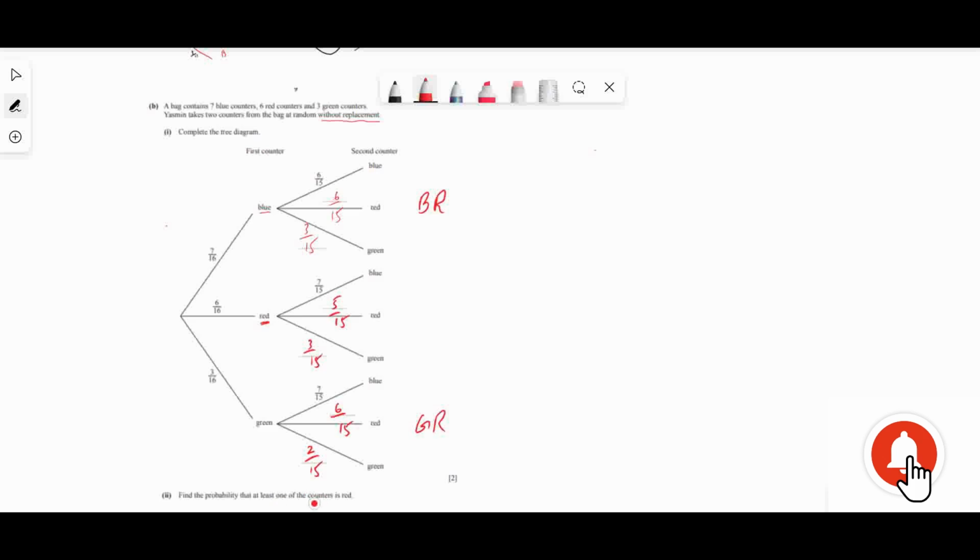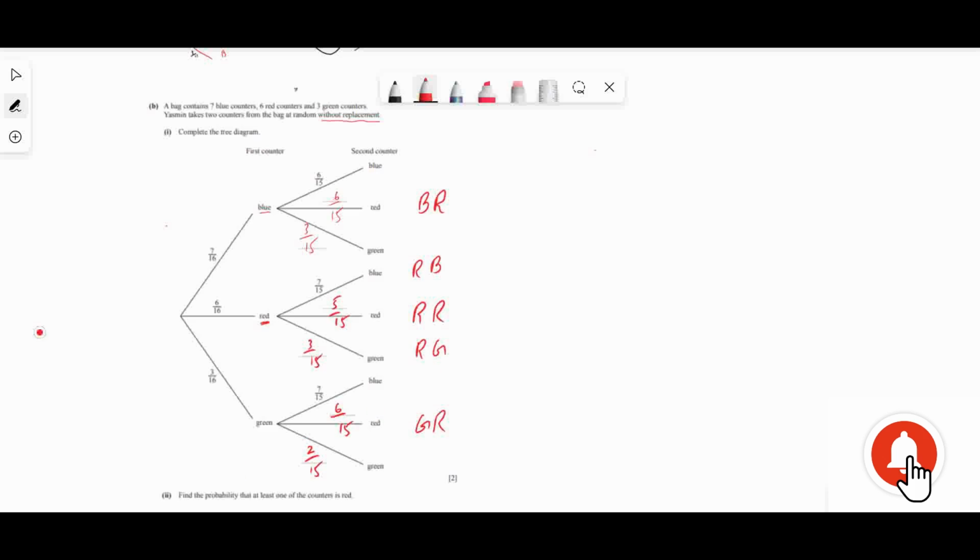At least means maximum two can also be red, so it means that this will be red and red. These three will be the possibilities. At least one red. So we have to add this one also, red and blue and red and green. So we have to add them.